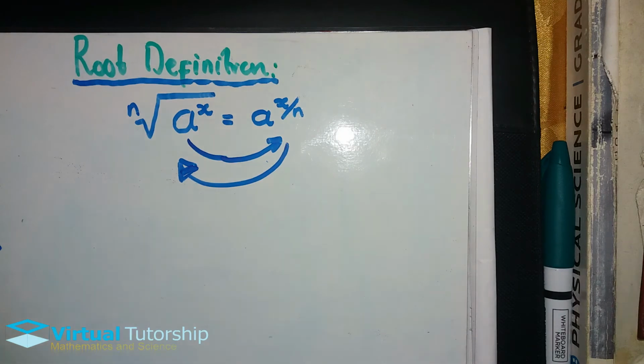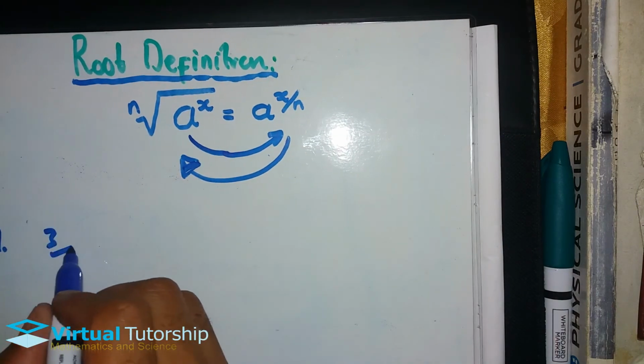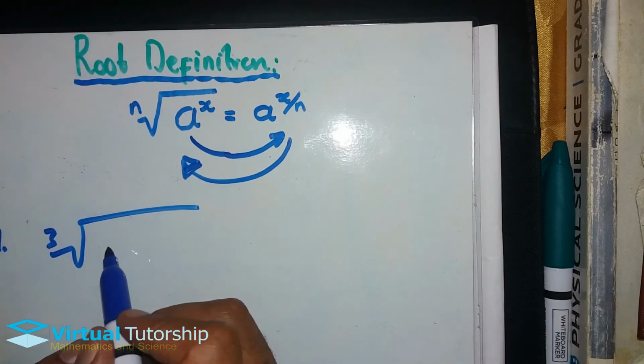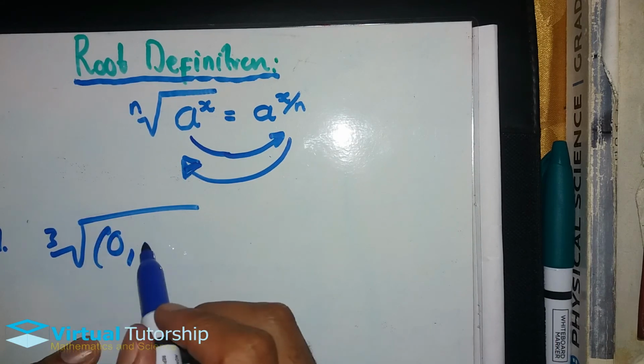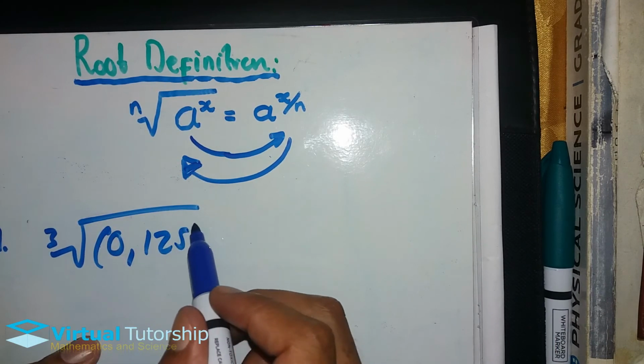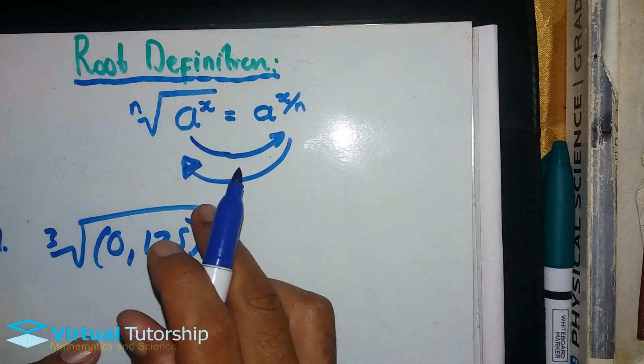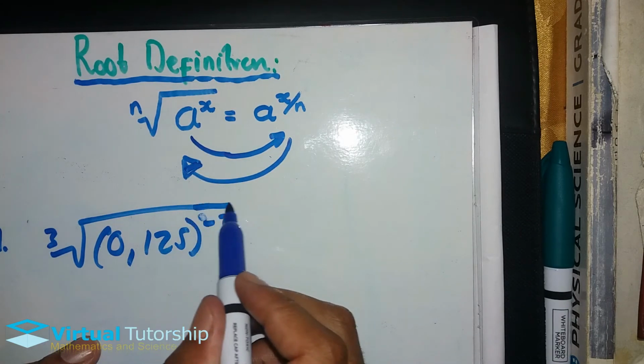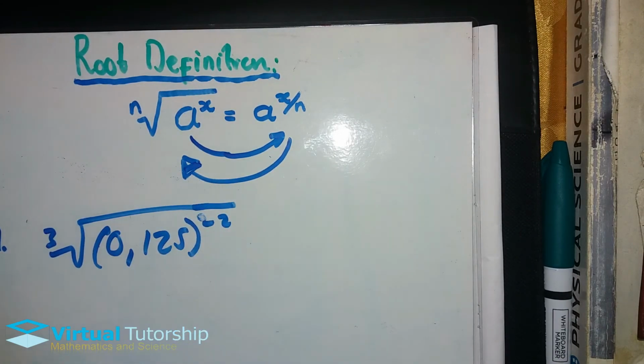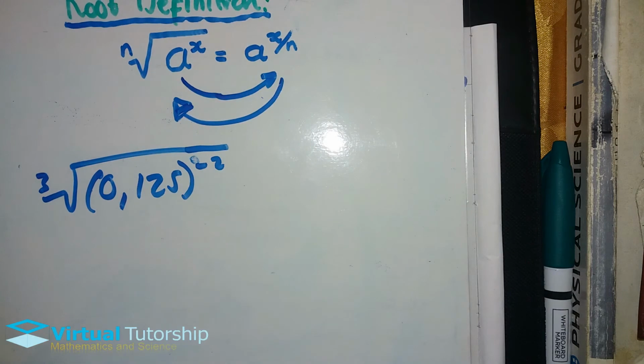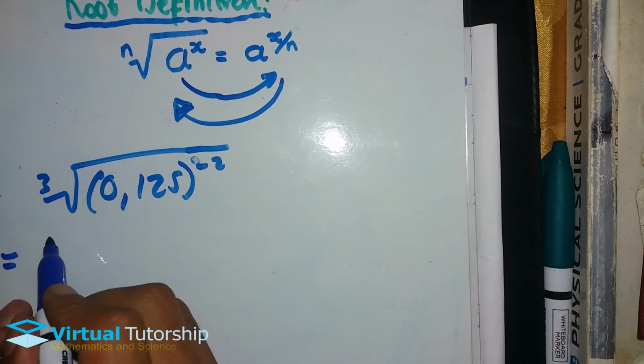Okay, now let's say the third root of 0,125 exponent minus 2, equal to exponent minus 2. Okay, exponent 2 now.